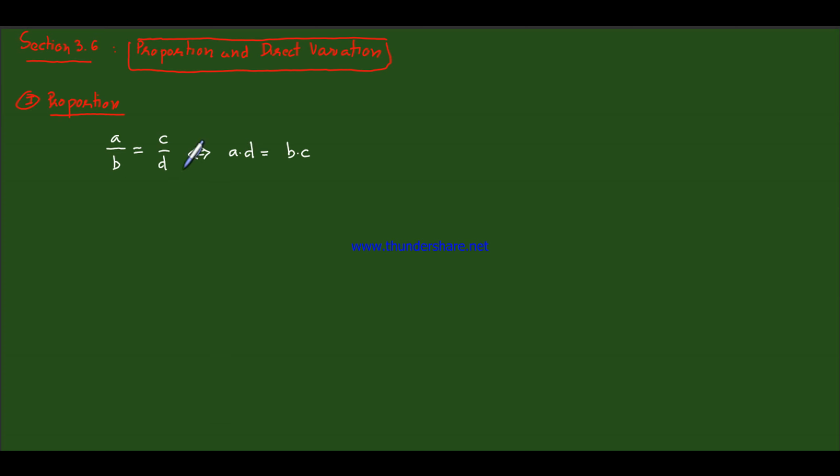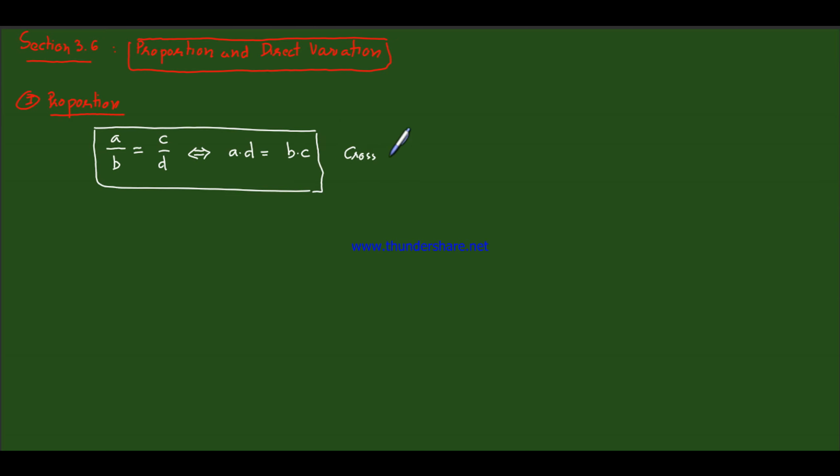The whole process we call cross multiplication. The whole thing here we call the cross multiply property.